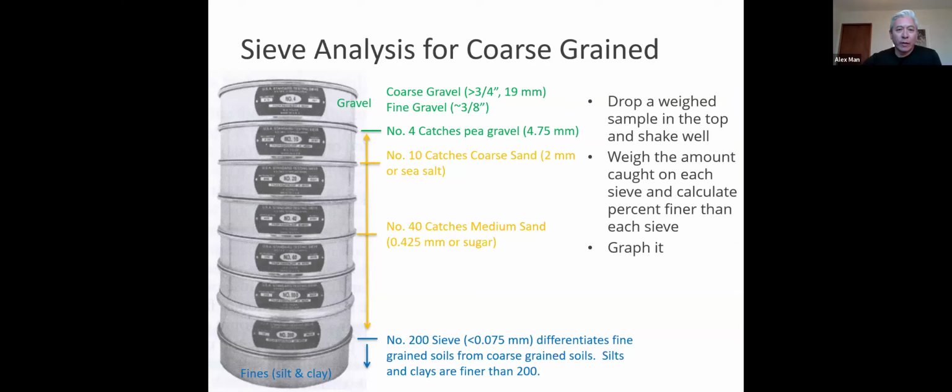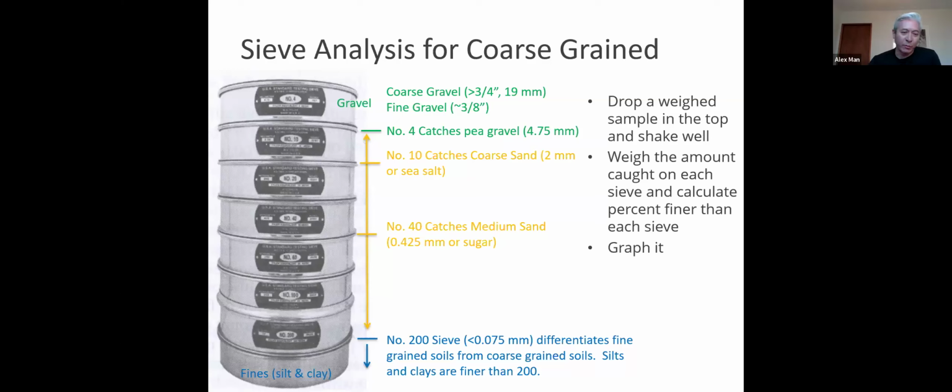For coarse grain soils, this is basically a stack of sieves where the top one has wider openings. You grab a sample, you dry it, you throw it in the top, and you shake it. It shakes for a good little while, and as that happens, the sample starts to fall through the openings in those sieves, and they get caught on certain sieves based on their size.